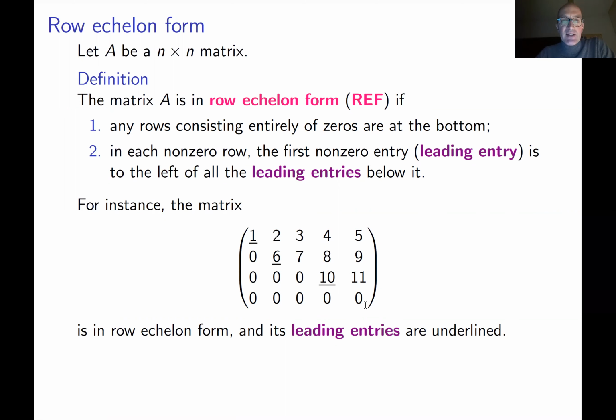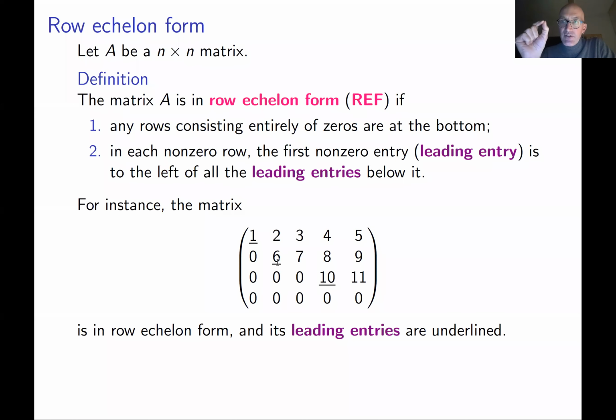And the second condition: if you take your non-zero rows, the first non-zero entry of your row you call the leading entry. In every row, if you take the leading entry, all numbers to the left are 0 by definition. But another thing is that all numbers below it must be 0 as well.